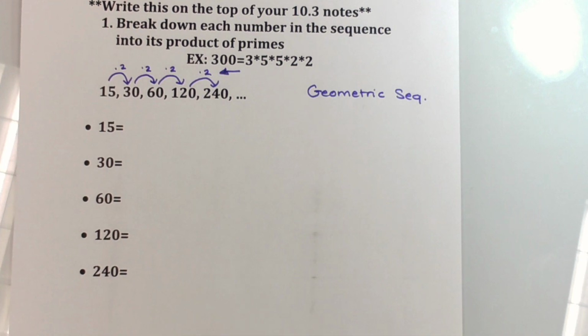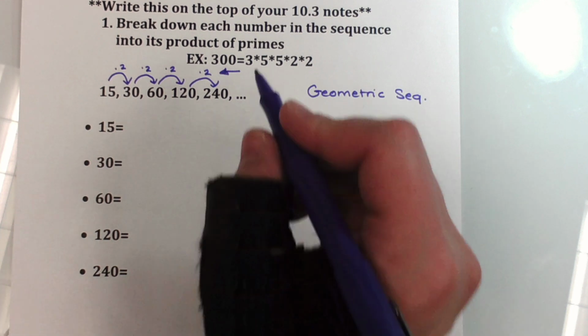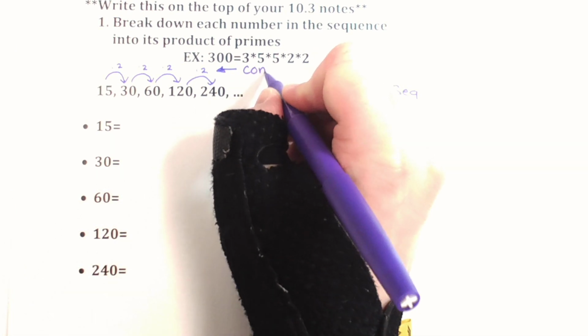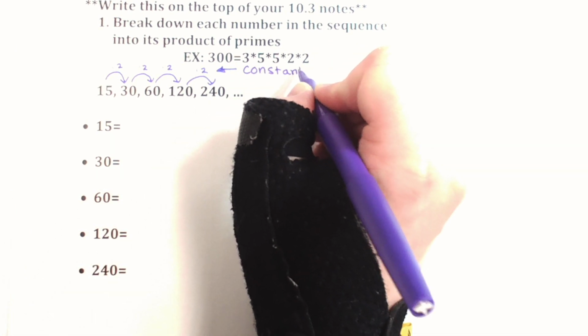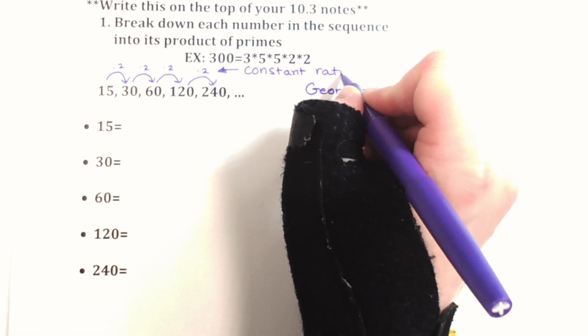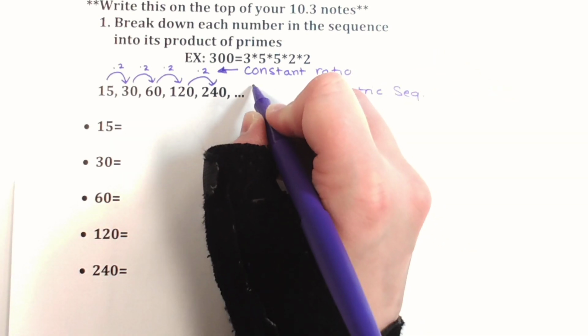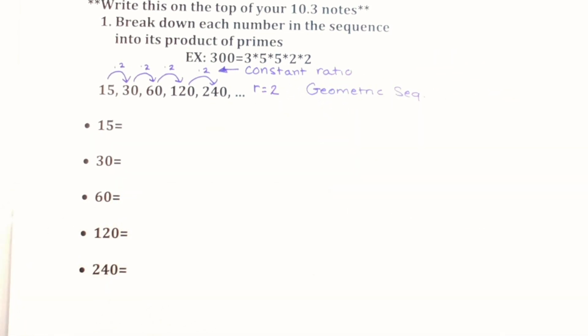What's that thing that we multiply by every single time called? Not quite constant difference. Close in idea. It's the constant ratio. A constant difference is an arithmetic thing. Geometric is constant ratio. So r is 2 in this case.